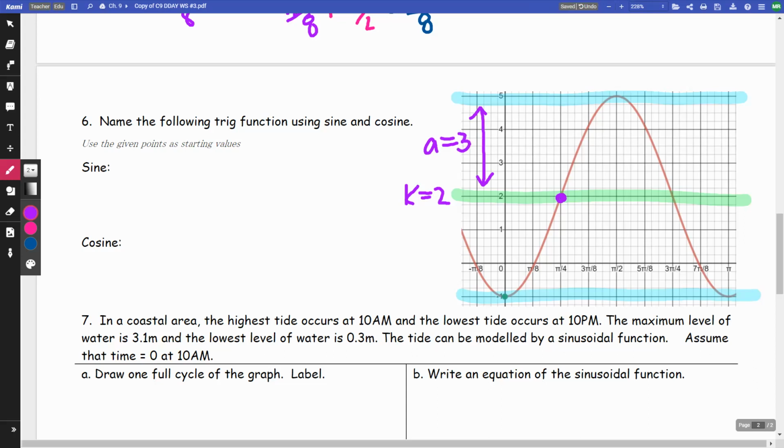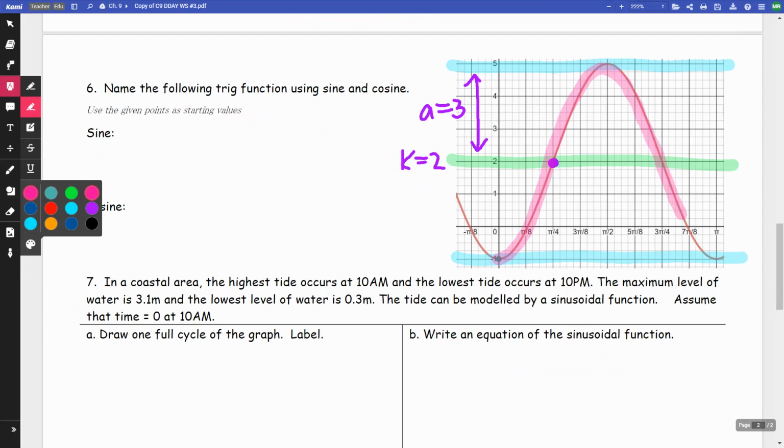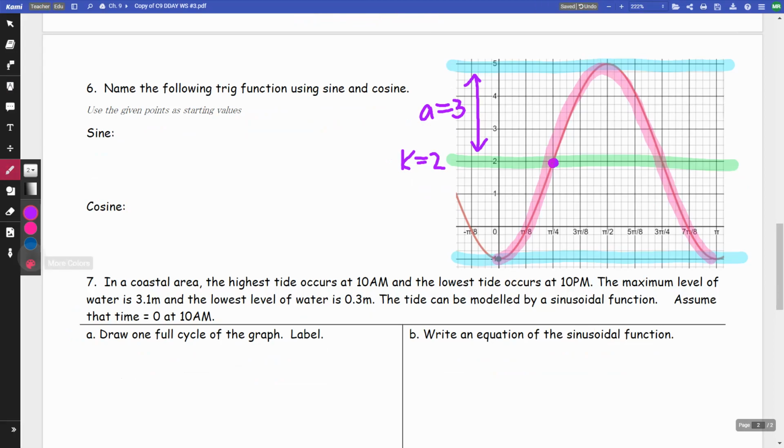And I need to figure out my period. Now, sometimes it's easier to figure out your period maybe with your cosine and your sine or vice versa. So I'm going to draw in here real quick. If I start here to here, that would be my cosine. The period of my cosine is going to be the same as the period of my sine.